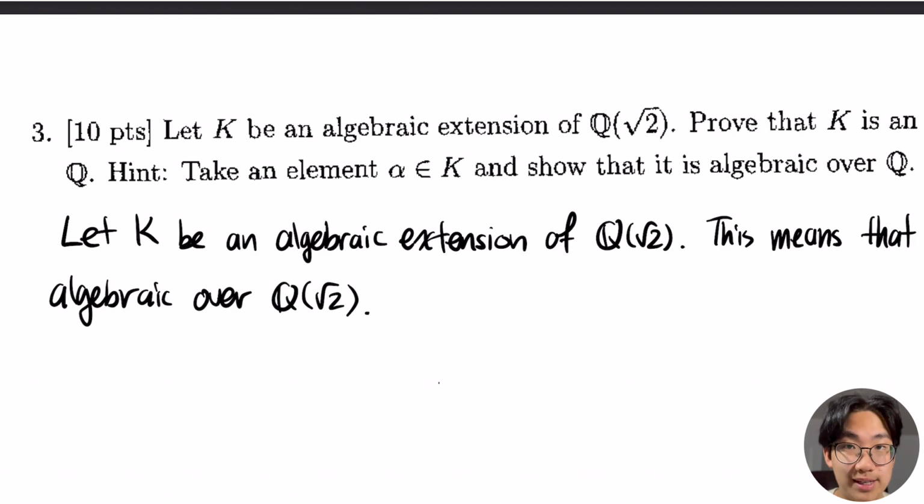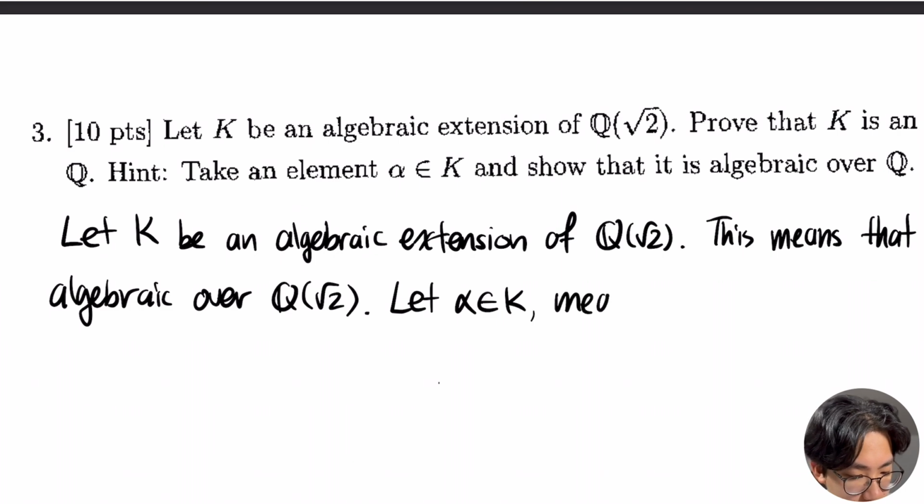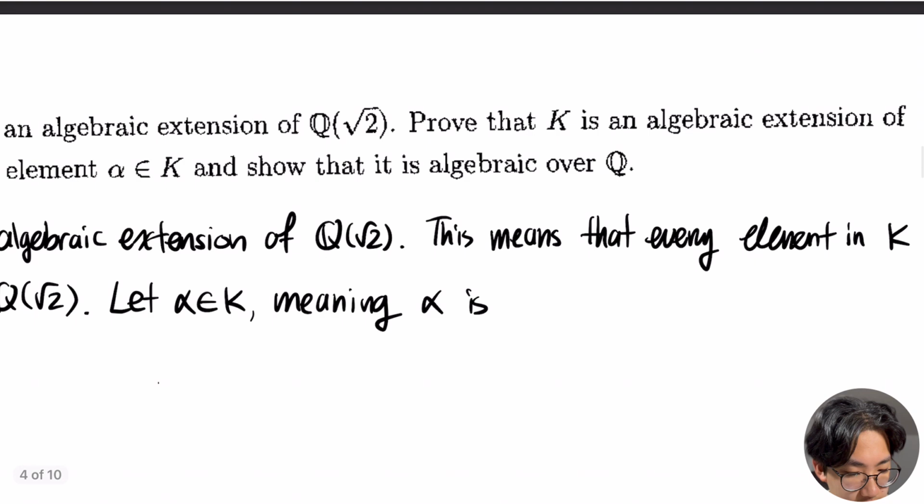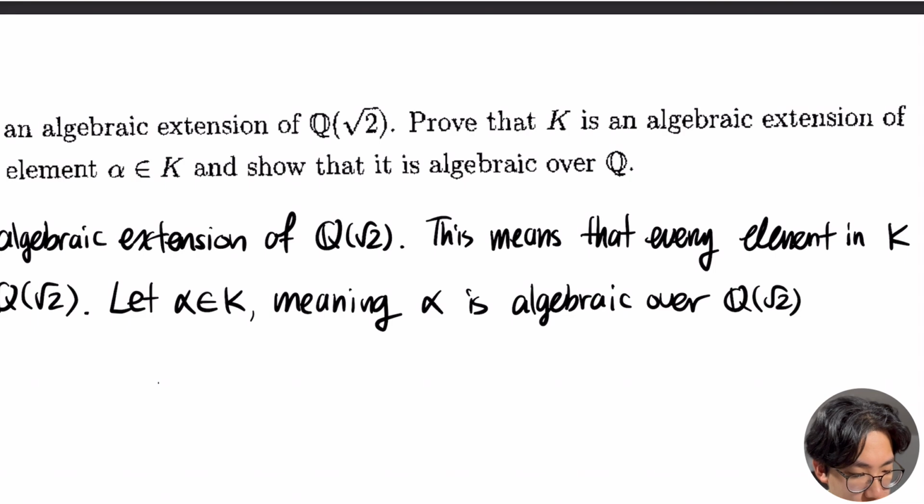So let's proceed with a hint and take an element alpha in K. So we can say let alpha be in K, meaning alpha is algebraic over Q adjoined root 2.